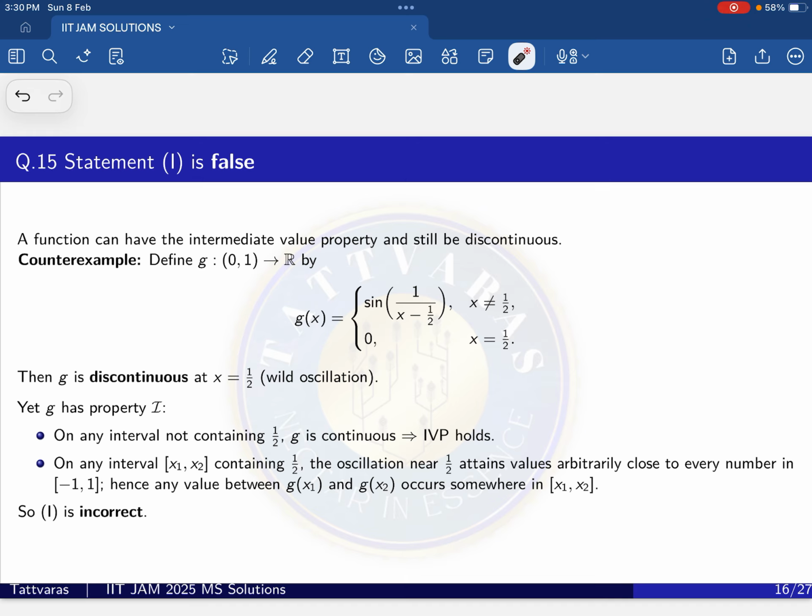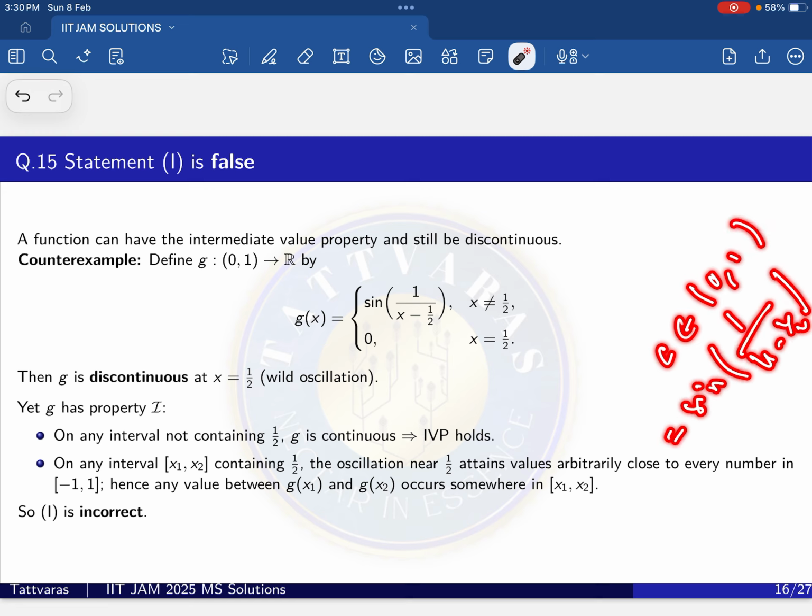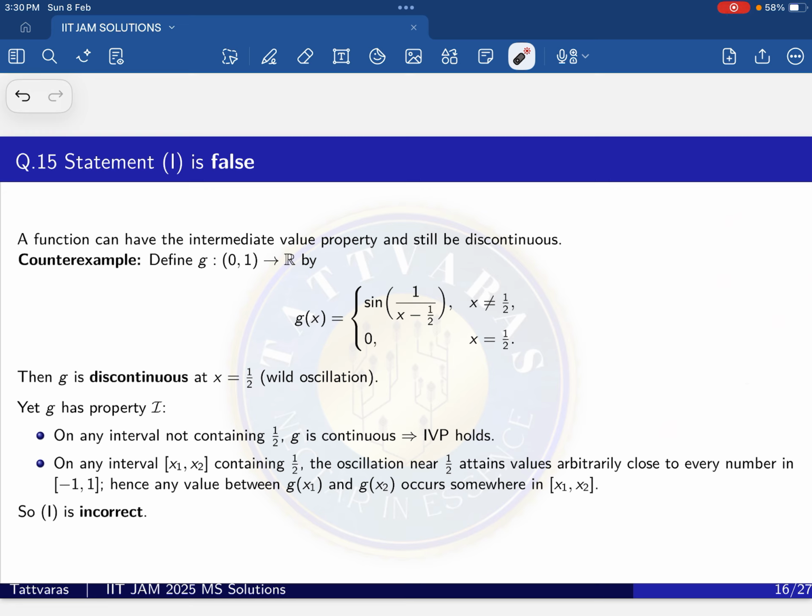So you can basically put any c belonging to (0,1) equal to sine of 1 by (x minus half), and you can obtain a legit solution. So that gives us property I even on an interval containing half, where the function g(x) is not continuous. Hence, statement 1 is false.